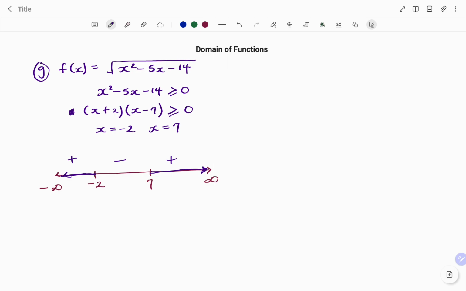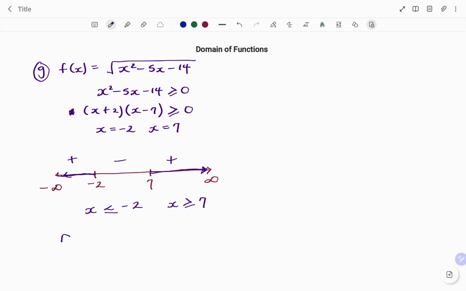And writing the domain, I'm going to write it as intervals. I have values to make this valid equal to or less than negative 2, or x will be equal to or greater than positive 7.